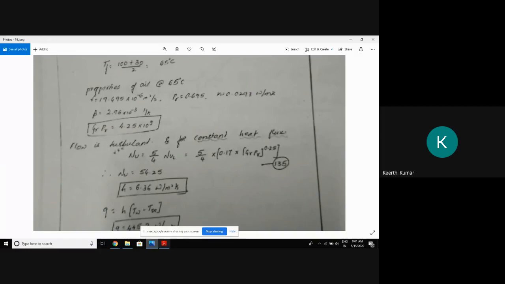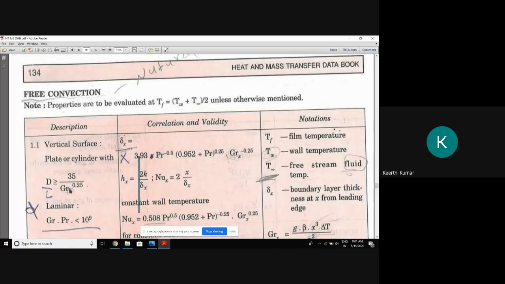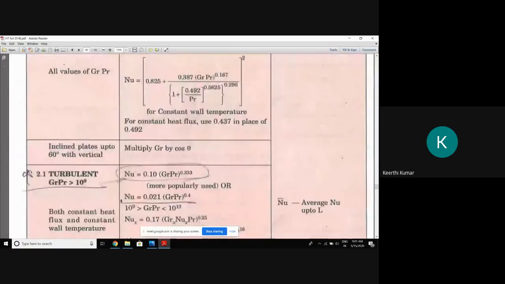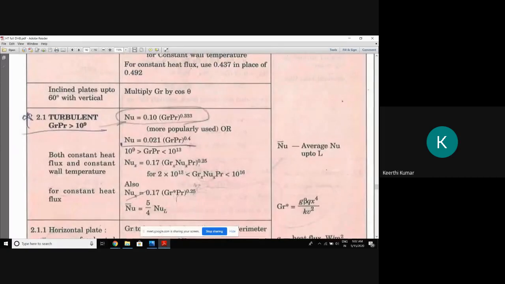And for a constant heat flux, this is one more condition I should consider here. What is the Nusselt number for turbulent flow and constant heat flux? Here, Nusselt number NuX is equal to 0.17 (GrPr) to the power of 0.25, and Nusselt number average is equal to 5 by 4 into NuX. I can write NuL or NuX.